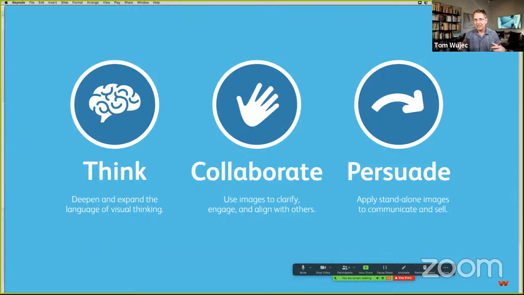Visual thinking allows us to collaborate more effectively and perhaps more deeply with others because we have a common visual frame of reference. And visual tools allow us to persuade people, to guide them through a path to help them shift their thinking, help them shift their feeling, help them change their behavior. So it's a very powerful tool when we know the language.